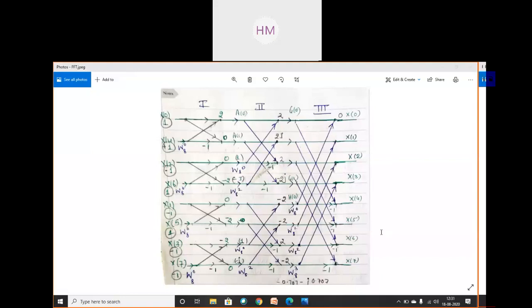So start drawing lines. First we will draw the lines. Draw 8 lines. Merge 2. Then in the second stage, merge 4, then merge 8 lines. Okay, start drawing it.